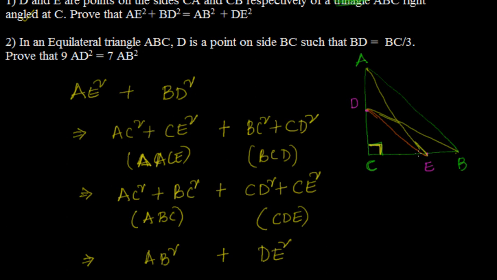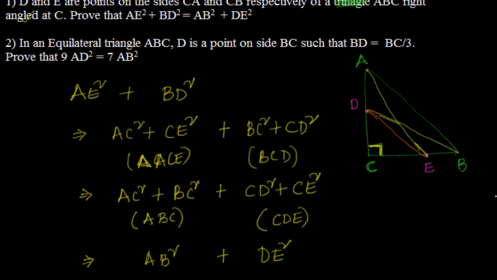Similarly, BD square is BC square plus CD square if I take triangle BCD. Now I rearrange them and see that AC square plus BC square is AB square, and CD square plus CE square is equal to DE square. That's how you can do that. Let's go to the next problem.